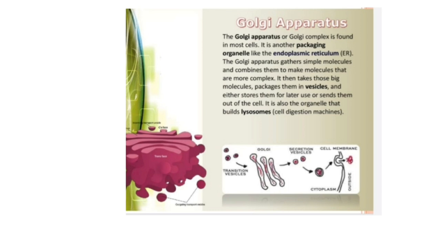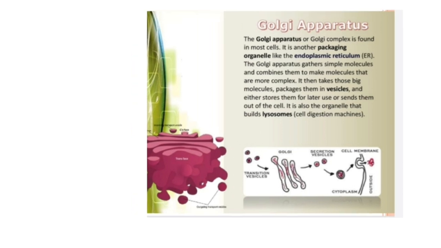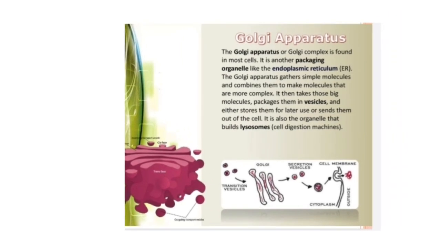The Golgi apparatus gathers simple molecules and combines them to make molecules that are more complex. It then takes those big molecules, packages them in vesicles, and either stores them for later use or sends them out of the cell. It is also the organelle that builds lysosomes, that is, the cell's digestive machines.